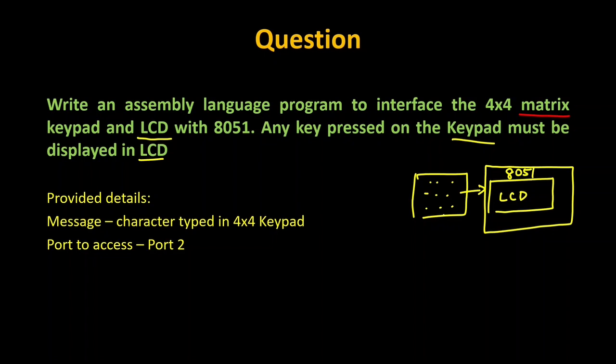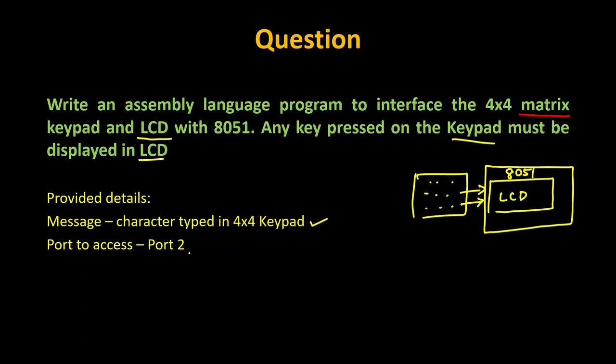I have already said it is going to communicate with parallel port communication. The message to display is whatever character you type on your keypad, and that should be displayed on your LCD screen. We have already seen our LCD experiment, right? Those who have not seen that video, please go to that video and understand how the LCD screen works, so that this video will be clear.